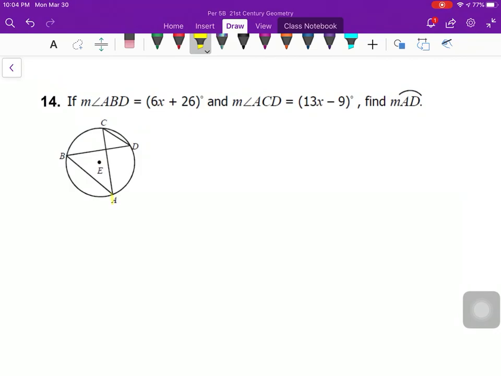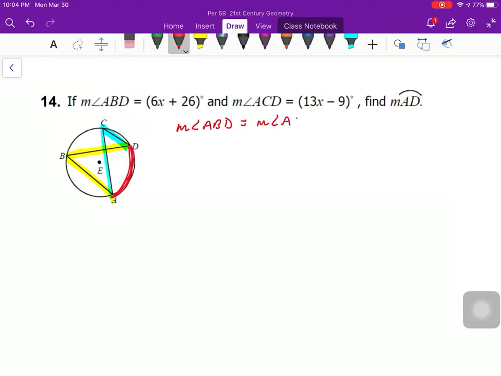Number 14. Now, number 14, they actually give you something for the measure of angle ABD. So they give us this one. And then they give us another angle. This angle they give us is angle ACD. Well, if you look at the yellow angle and the blue angle, you'll notice that both of those angles intercept the same arc.